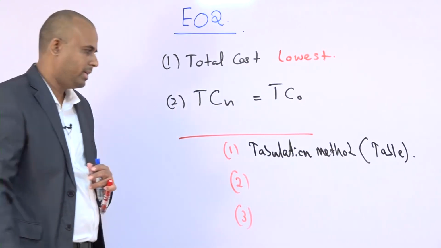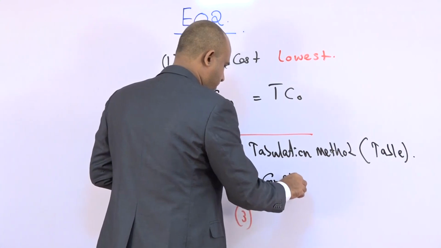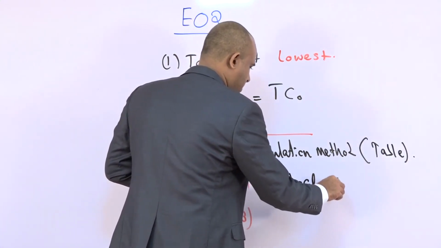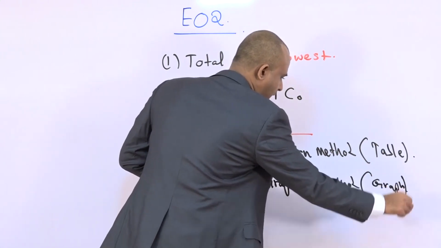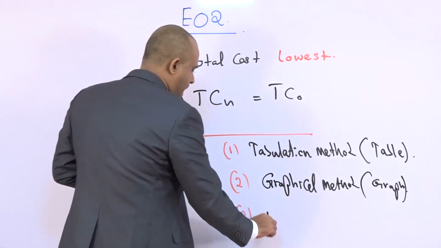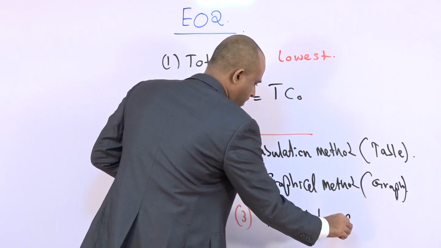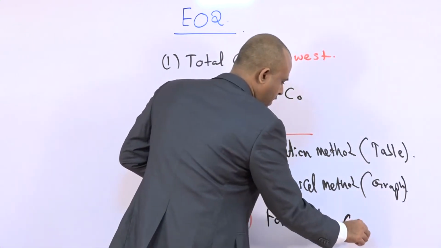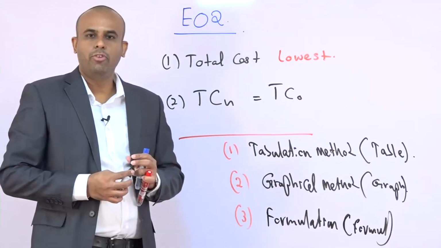Second one, the graphical method. In the graphical method, we use a graph in calculating the economic order quantity. The last method is the formulation method. In the formulation method, we calculate the economic order quantity using a formula.